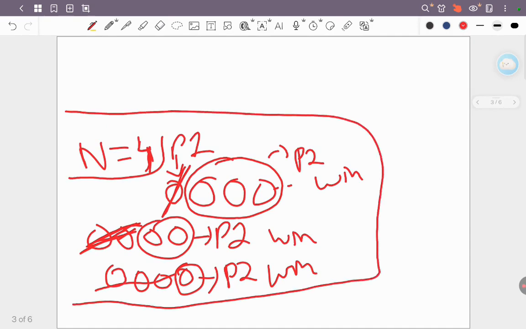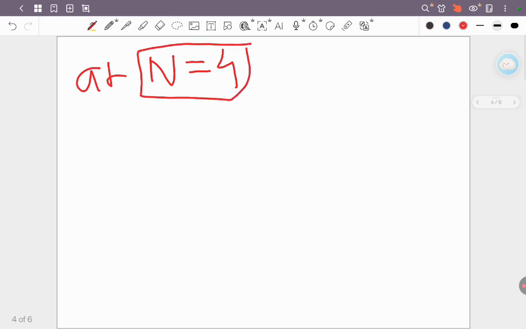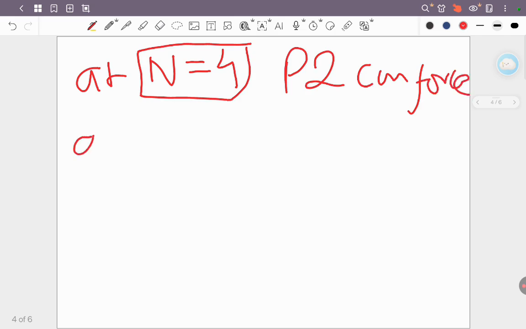What did we see? We saw that at n is equal to 4, player 2 can force a win, right?